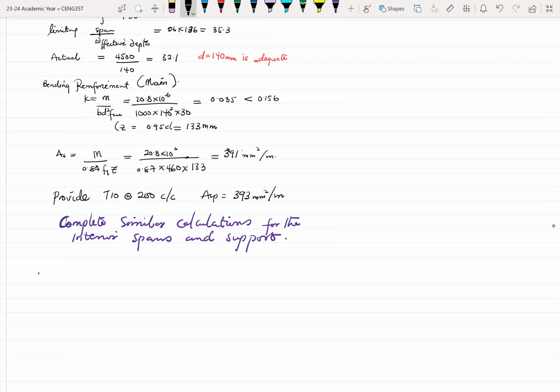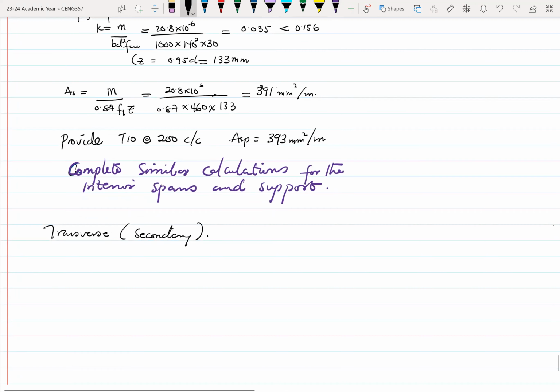All right, so for the transverse, or what we call the secondary reinforcement, we know that since our fy is 460 newtons per millimeter squared, the area for the secondary reinforcement is going to be 0.0013 bh.